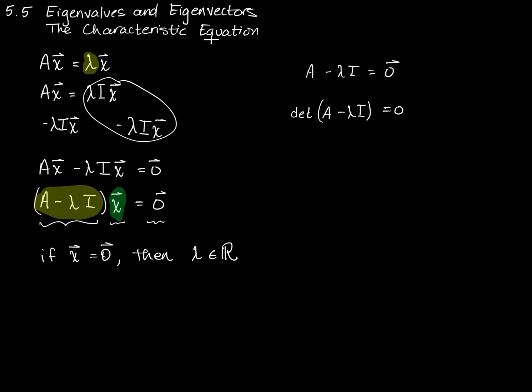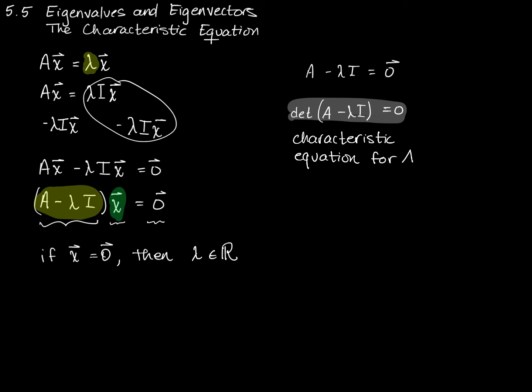But I want to highlight the fact that this equation is what we call the characteristic equation. It is the characteristic equation for the matrix A. Another matrix, let's say B, that's the same dimensions as A, is going to have a different characteristic equation.